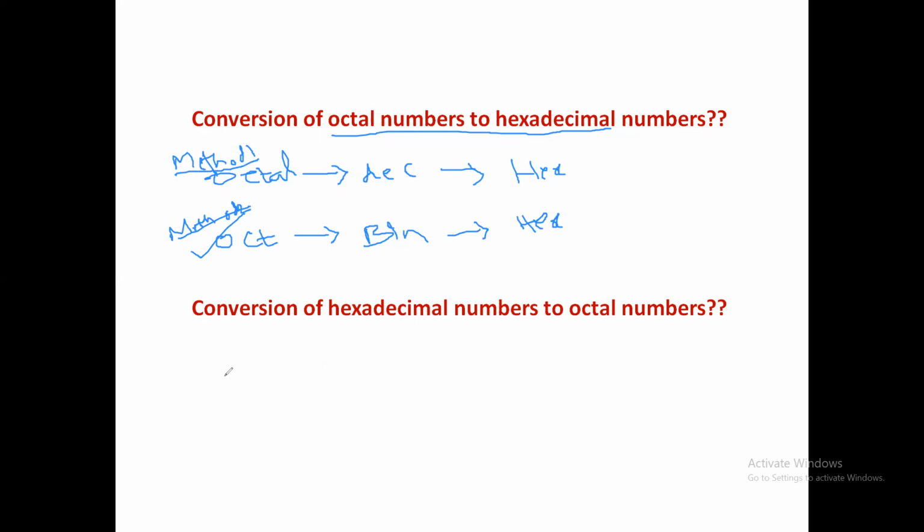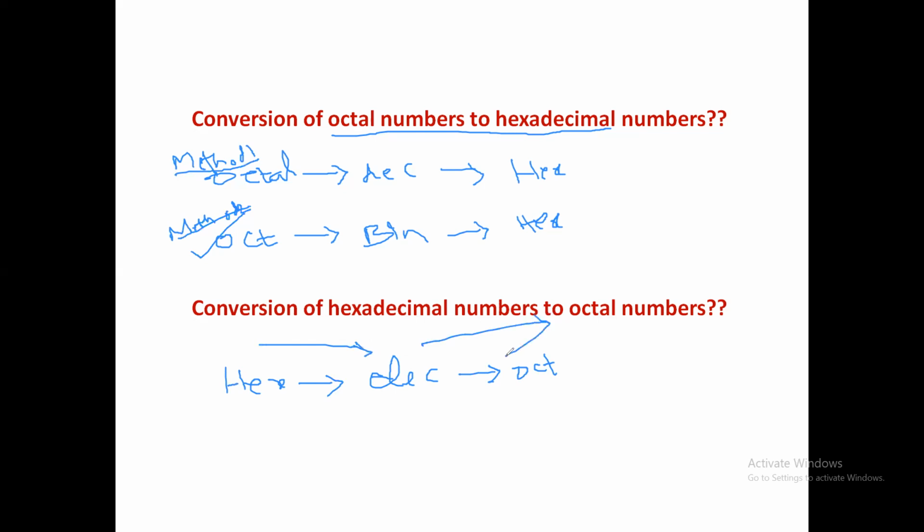Just reverse that process. We have 2 methods again. You can start at a hexadecimal number and convert it into a decimal number first, hex to decimal, and then from decimal number to octal number. So we know these two processes, right? We know how to convert a hexadecimal number into a decimal number, and then we know how to convert a decimal number into an octal number also.